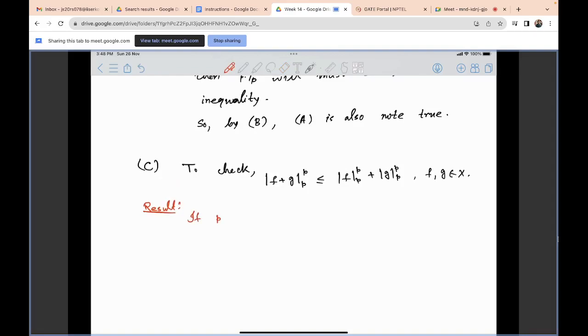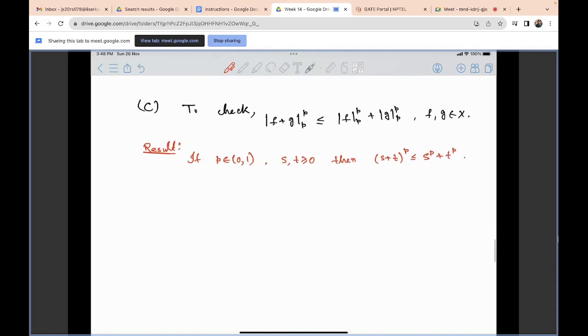If p is between 0 and 1, and if s and t are bigger than 0, then (s plus t) to the power p is less than s to the power p plus t to the power p. So we'll use this to prove this one.